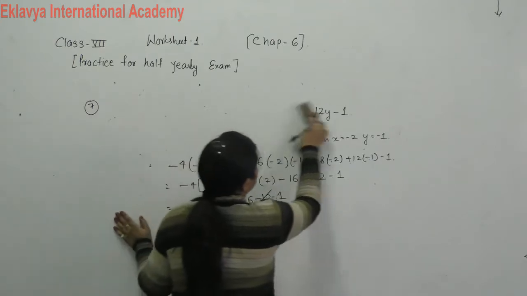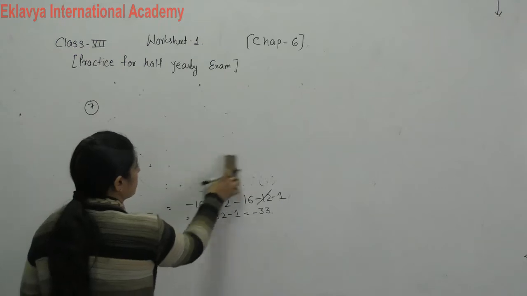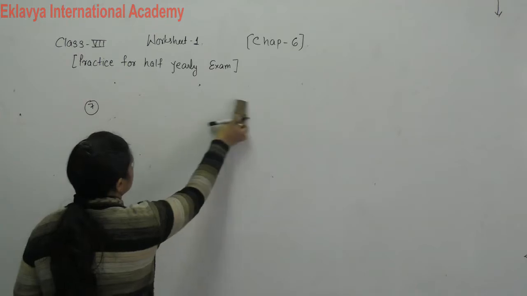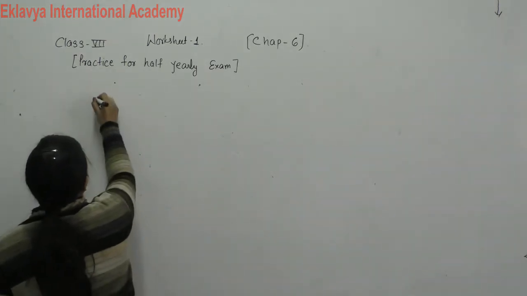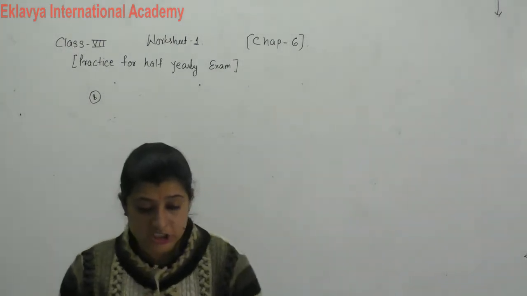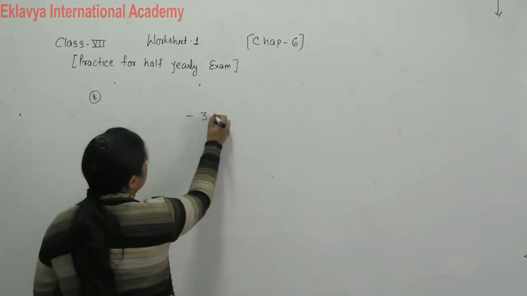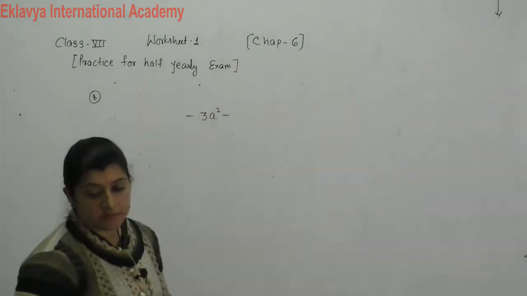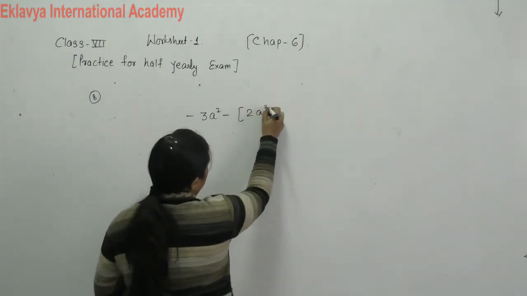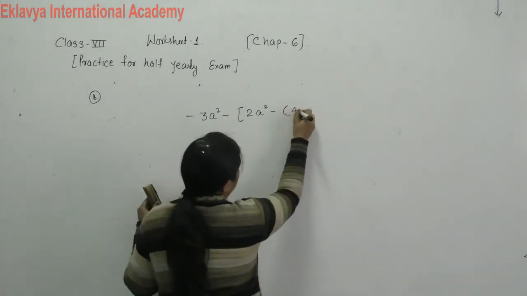Next, see now. Question number 8. On simplification, the value of minus 3a square minus the bracket 2a square minus 4a square plus b square.